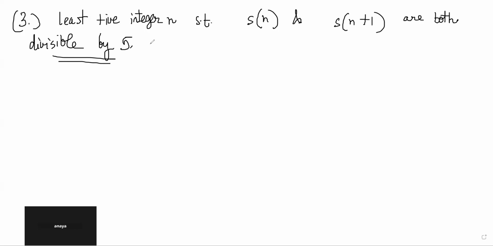So, okay. Basically, we are getting that when we add 1 to n, what should happen is the sum of digits of the next number is divisible by 5 and the previous number also was divisible by 5, right?